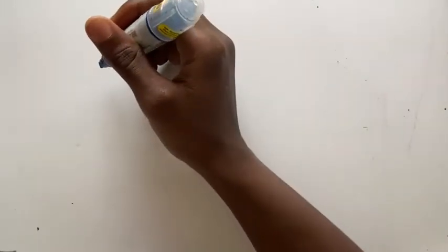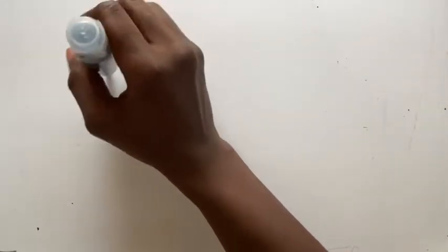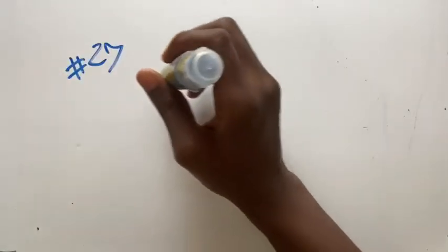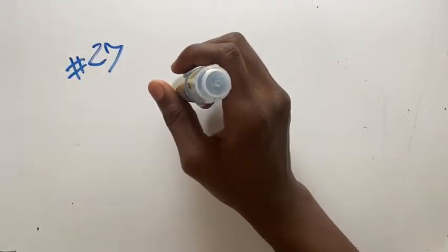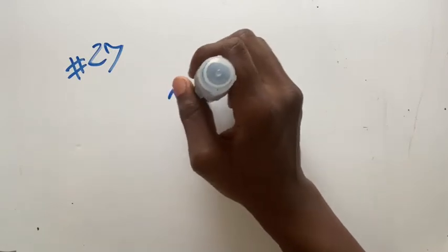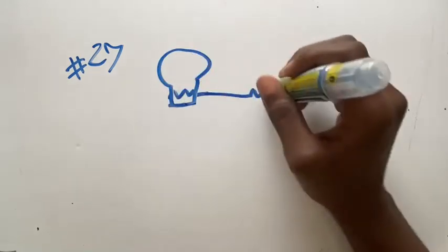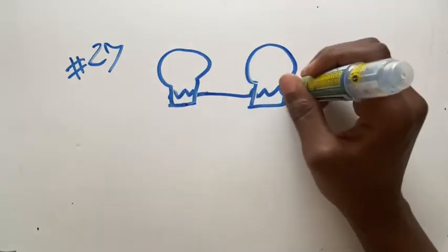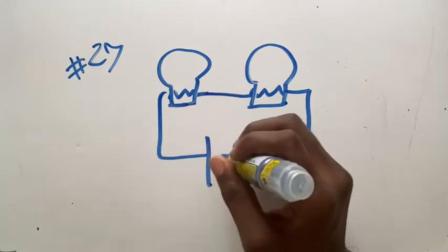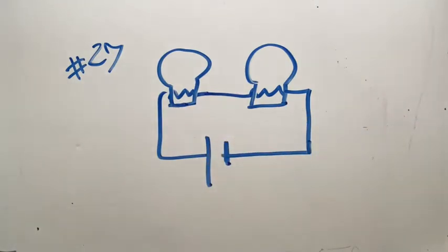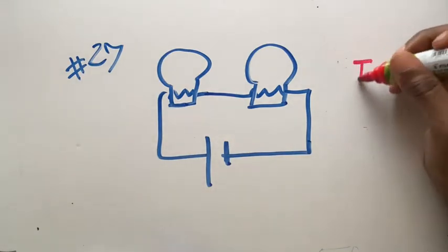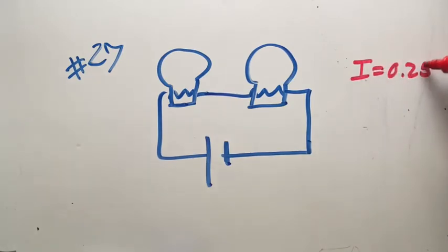All right, 27 says the current through two identical light bulbs is the same, and they're in series. So we've got a light bulb here, a light bulb here. Both of these light bulbs have a current of 0.25. Write that over here: current equals 0.25.